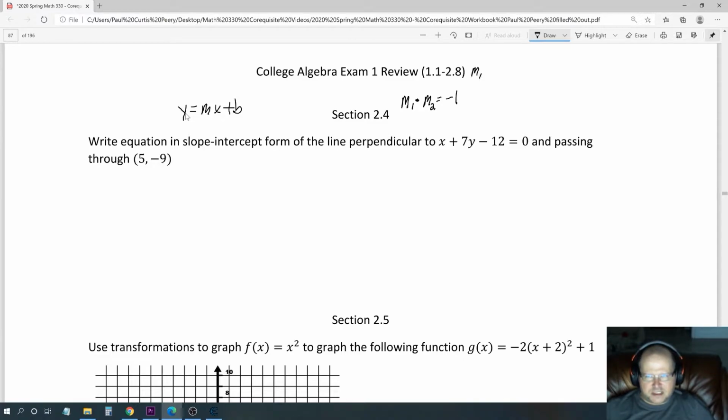For instance, if the slope of the first equation is 1/2, the slope of the second could be -2, because 1/2 times -2 gives -1/1, which is simply -1. So you can see what I mean by negative reciprocal, right? Okay.